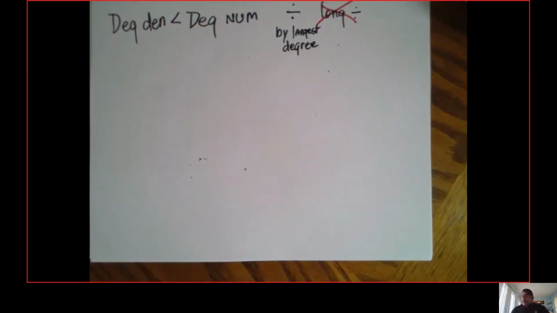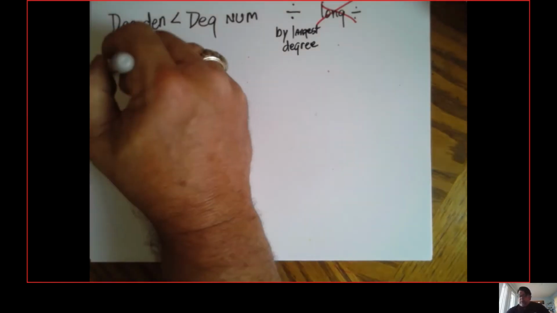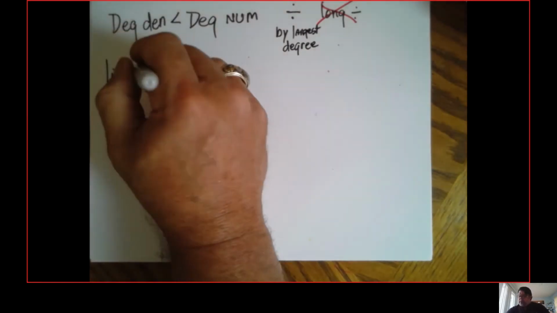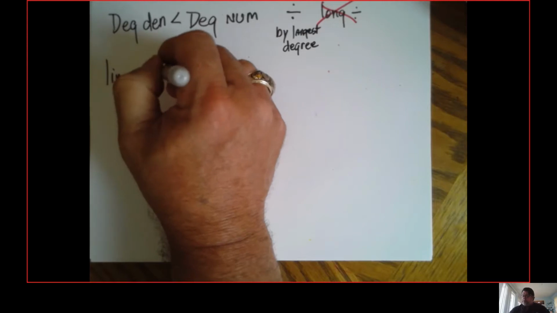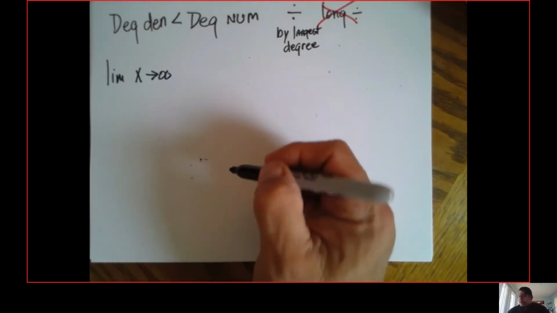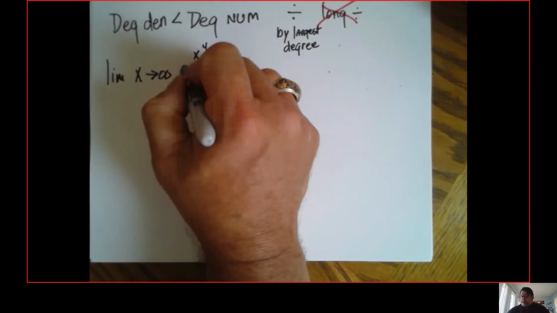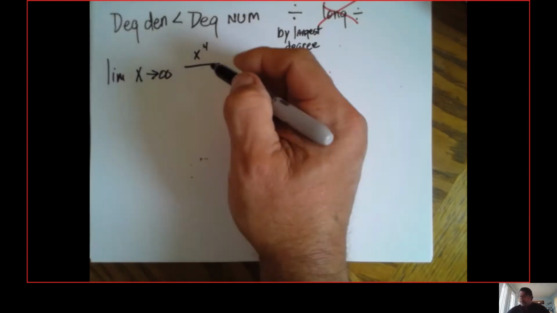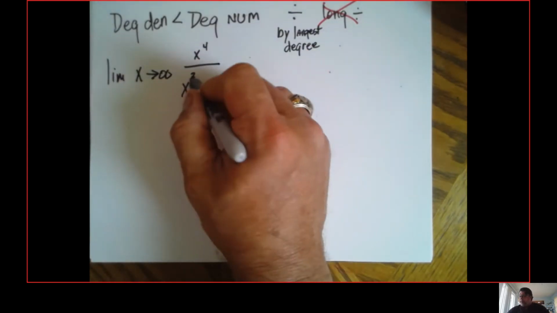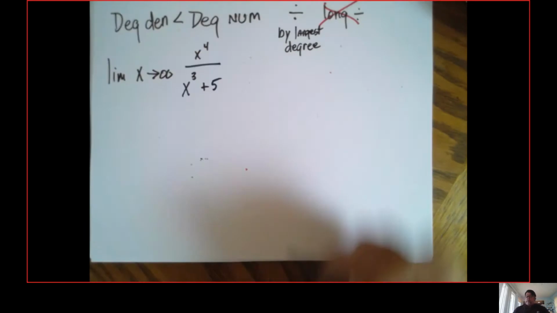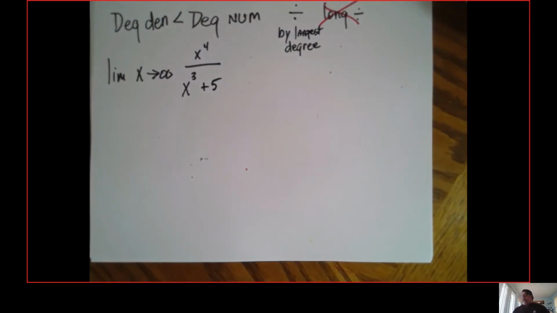Okay, so if I give you the limit as x approaches infinity of x to the 4th over x to the 3rd plus 5, then I'm going to divide everything by x to the 3rd.